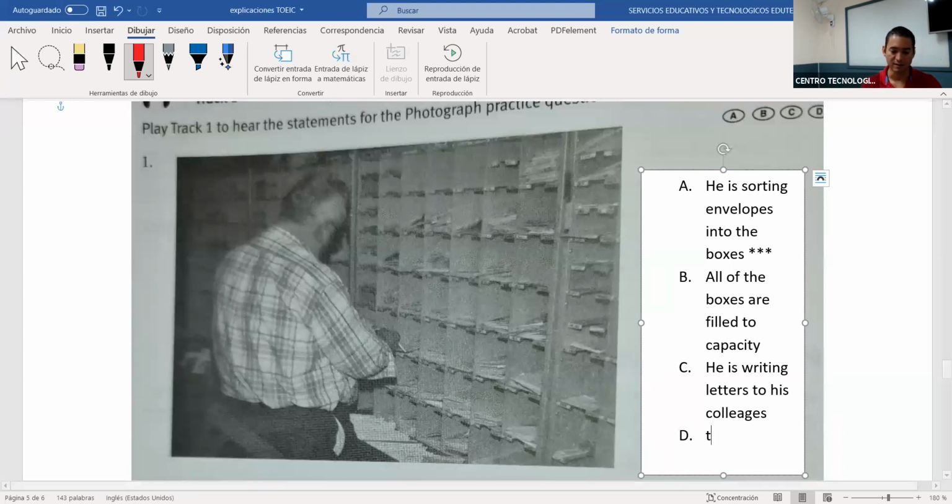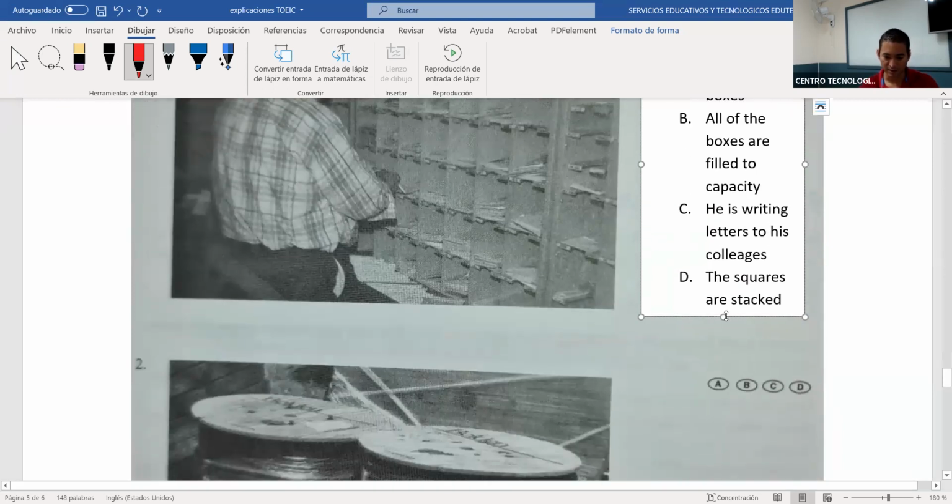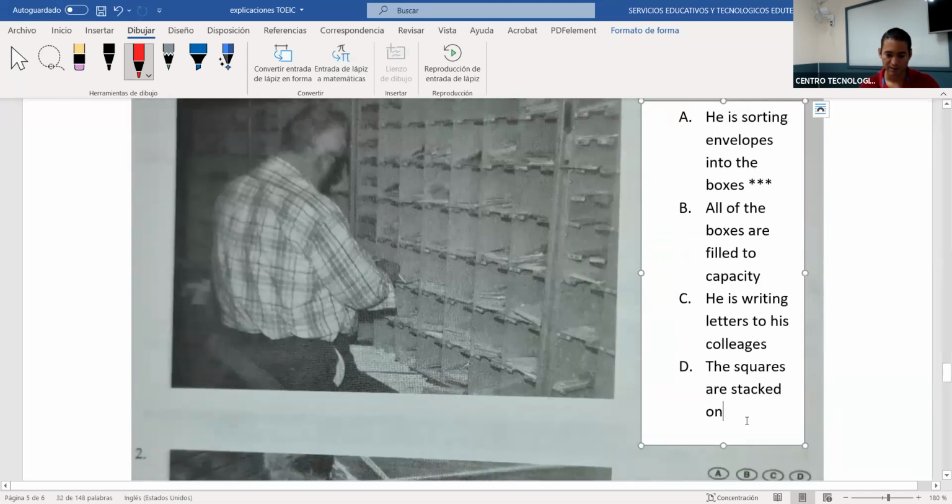And then the squares are stacked on each other. Actually, you see boxes of squares.